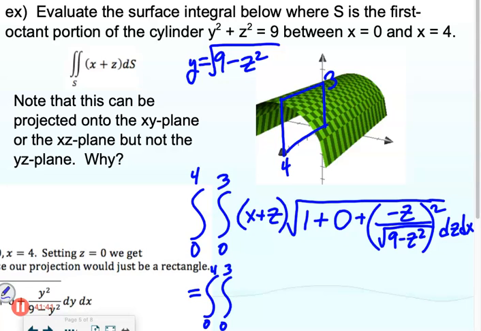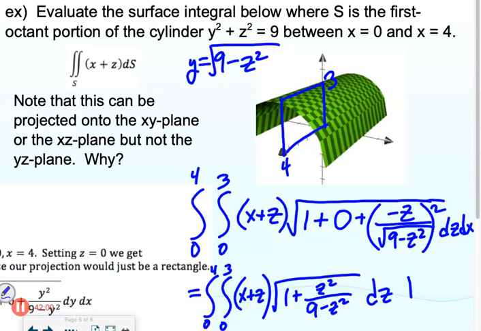Okay, so let's clean this up. So I have x plus z times the square root of 1 plus z squared over 9 minus z squared. This is going to be kind of a pain.